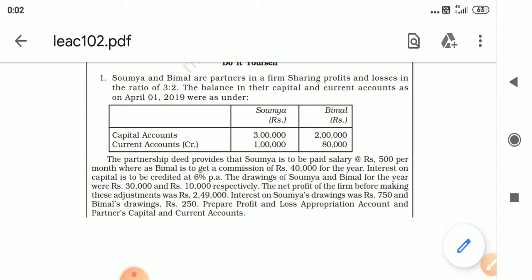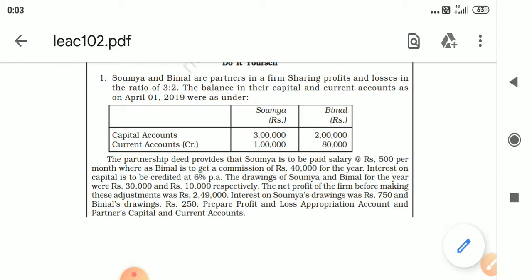Bimal's commission 40,000 will appear on the debit side, and Soumya's salary 500 per month, which comes to 500 into 12, 6,000. Salary and commission will appear on the debit side of the profit and loss appropriation account.